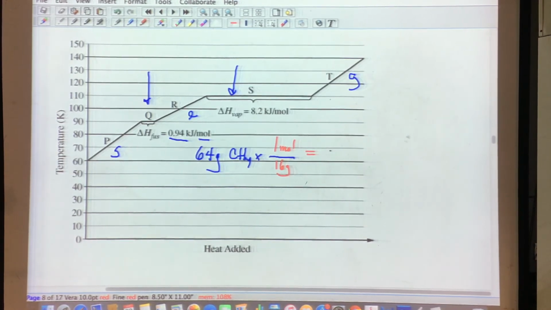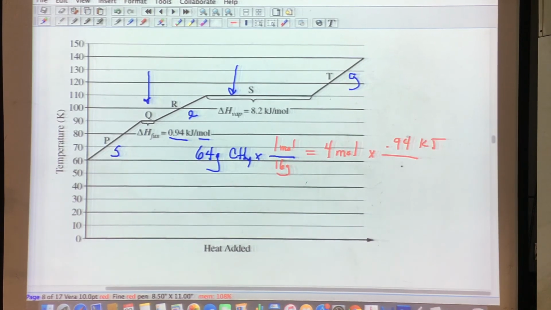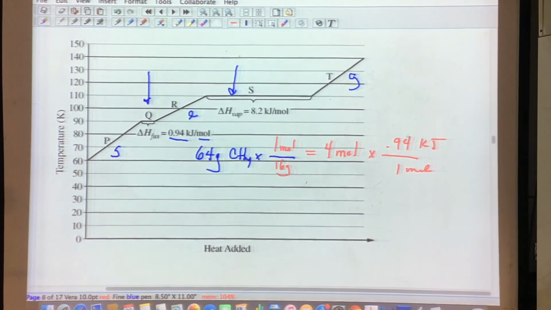Okay, so we've got 4 moles. That's normal for our class, I'm making these kinds of jokes. So 4 moles, and the number is 0.94 kilojoules per 1 mole. Just because I'm cool and tall, I can know that this is almost 1.